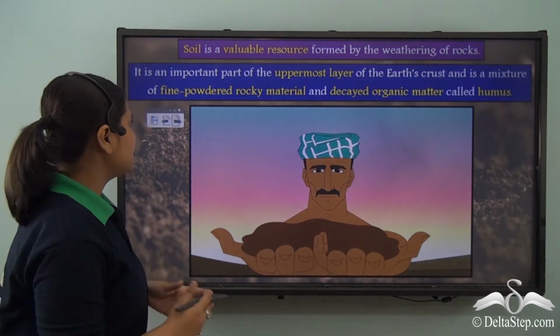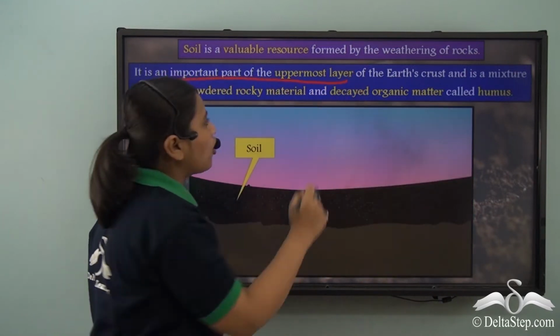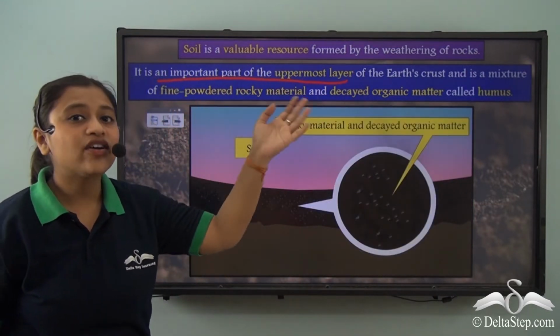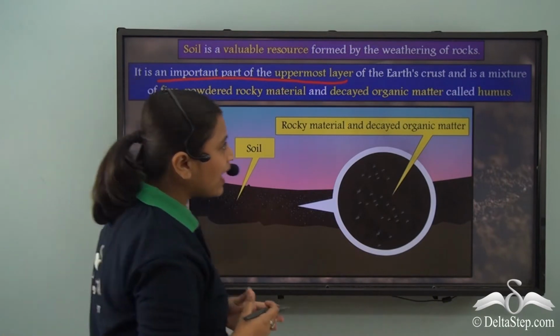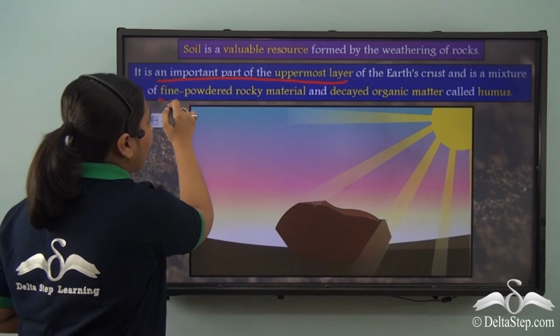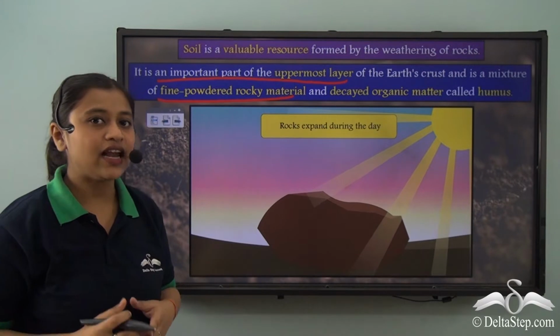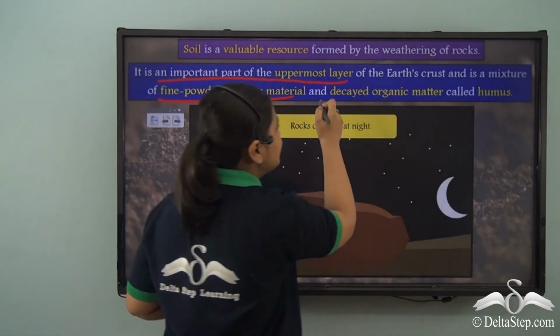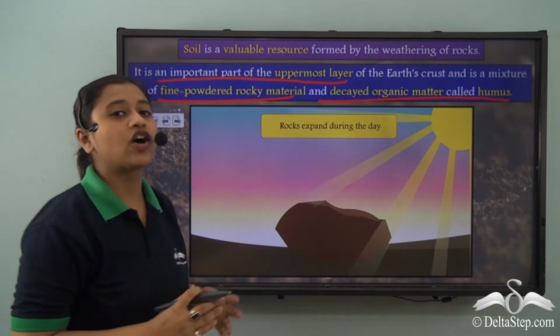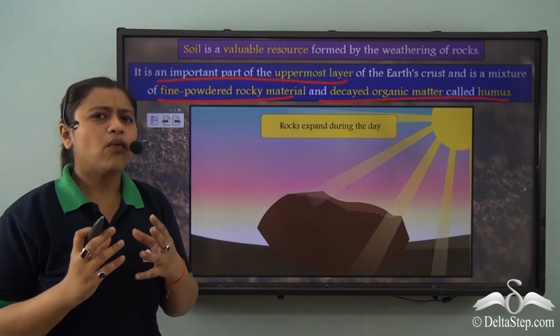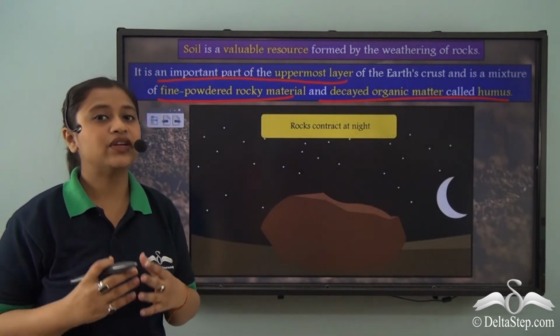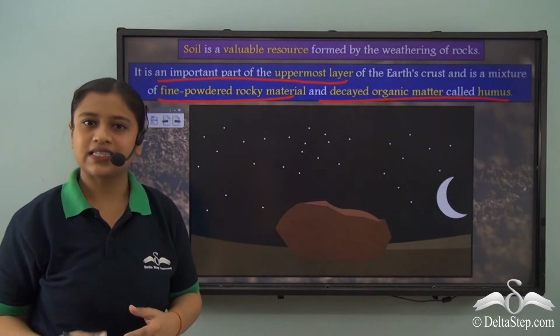Also, it is an important part of the uppermost layer of the Earth's crust and is a mixture of fine powdered rocky material, as we have just learned, and decayed organic matter called humus. So what exactly is humus? We will learn about it as we proceed.